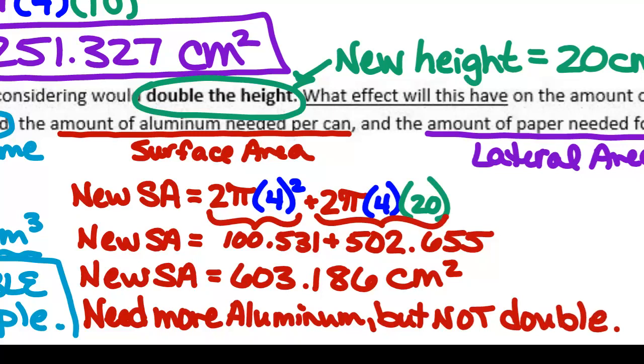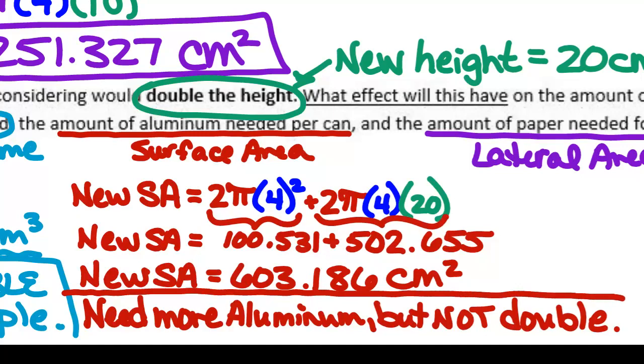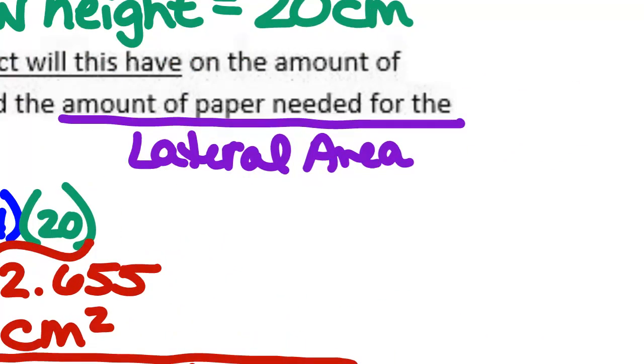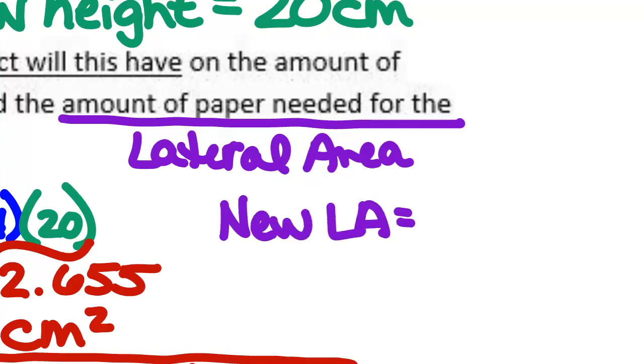Why didn't it double? The volume doubled. Why didn't the surface area double? Yeah, the change in height only affects this second part of the surface area formula. It didn't touch that first part. All right, let's look at our lateral area. New lateral area.